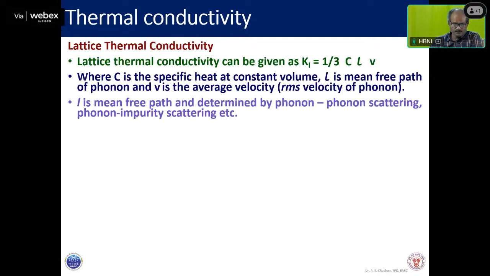Now the lattice thermal conductivity Kl can be given by 1 by 3 C L V, where C is the specific heat at constant volume, L is the mean free path of the phonon, and V is the average velocity, which is the RMS velocity of the phonon. L is the mean free path, and it is determined by phonon scattering and phonon impurity scattering factors.